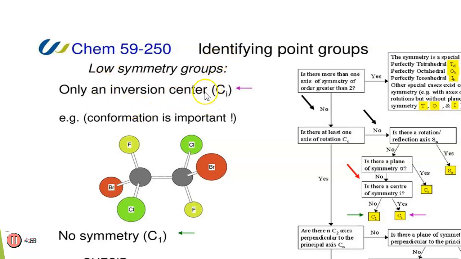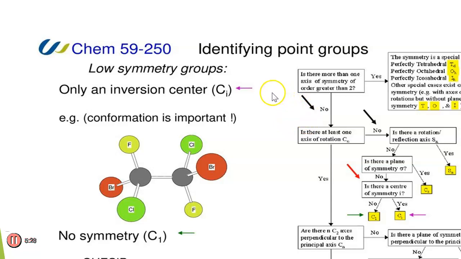then check whether there is at least one axis of rotation Cn. If it does not contain such an axis, or only 360 degree rotation is possible, then check whether there is an improper rotation axis Sn. If it contains one, then the point group will be Sn.